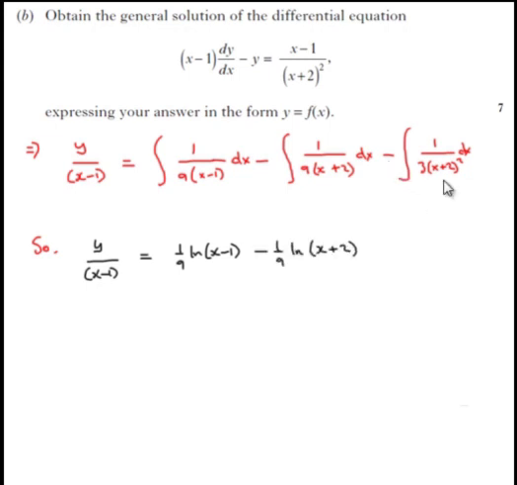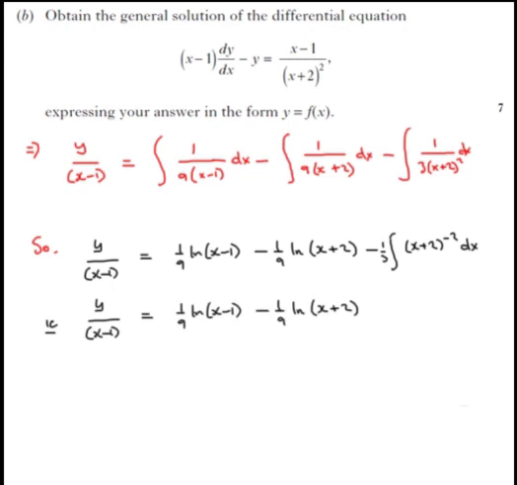The third integral won't be a log because it's an x plus 2 all squared. What we'll do with that is bring the minus 1/3 outside the integration and take the x plus 2 all squared up to the top to become x plus 2 to the minus 2. Now this last bit, integrating, we have got minus 1/3.